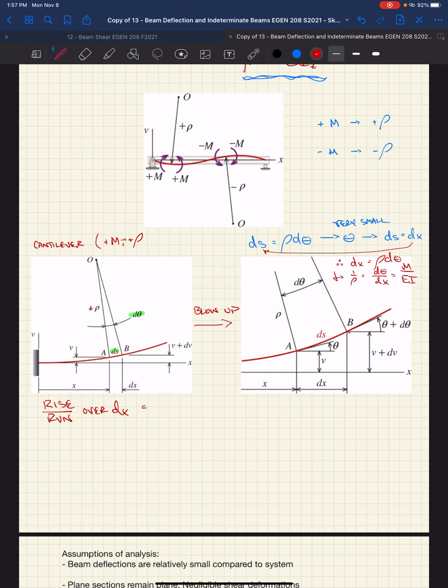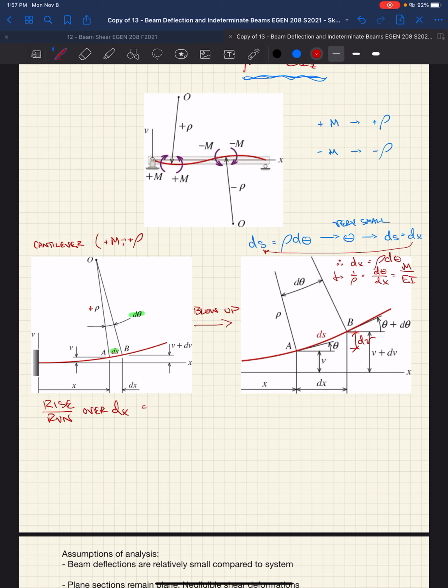Knowing that this vertical component is deflection, dV, that's the change in the height of our diving board as we go from one end to the other.